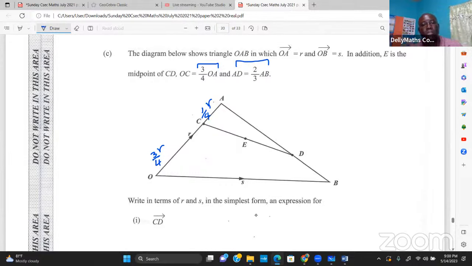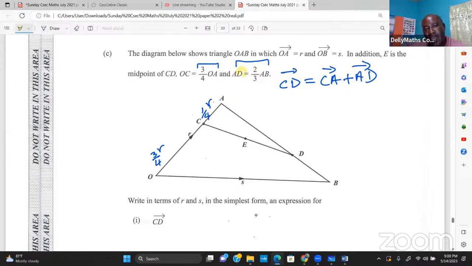Now, if I want to find CD, CD would be to move from C to A plus A to D. But in order to find AD, you're going to have to do this first.